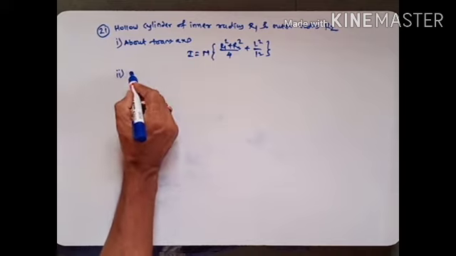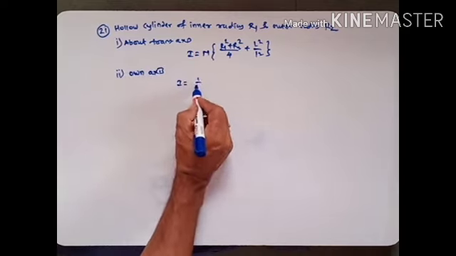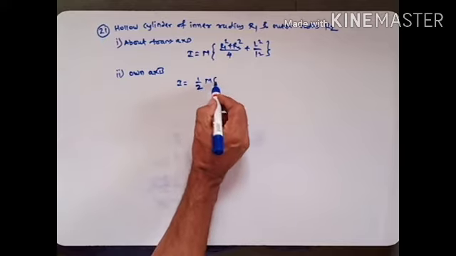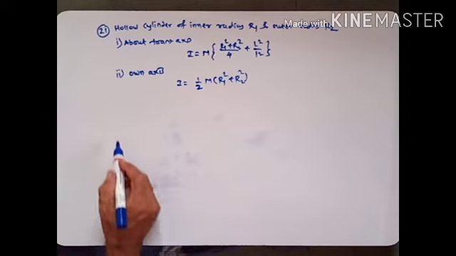And about own axis, I is equal to 1/2 m into r1 square plus r2 square.